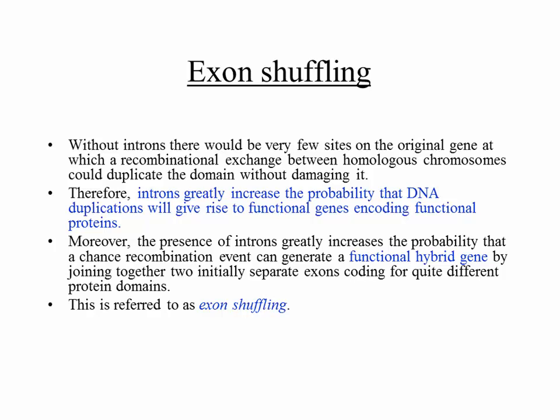Moreover, the presence of introns greatly increases the probability that a chance recombination event can generate a functional hybrid gene by joining together two initially separate exons coding for quite different protein domains. So a lot of possibilities of variation, and this is referred to as exon shuffling, just like you shuffle a deck of cards.